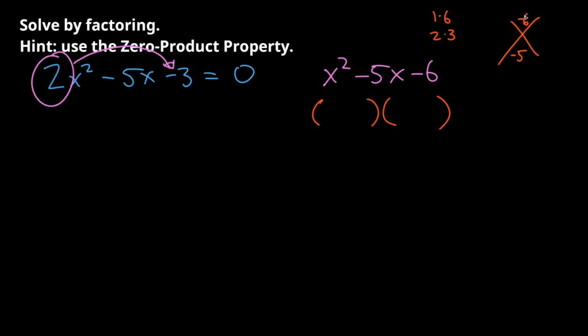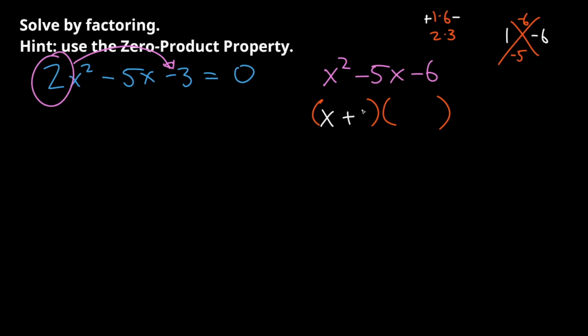So we have 1 and 6. If we add those together or subtract one from the other, we can do -1, positive 6. That doesn't work. So we can do a positive 1, -6, and that adds up to -5. 1 and -6.